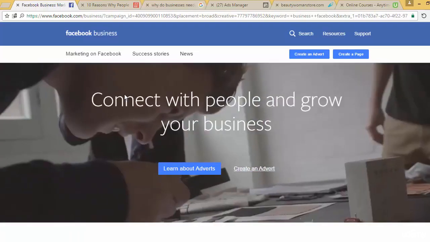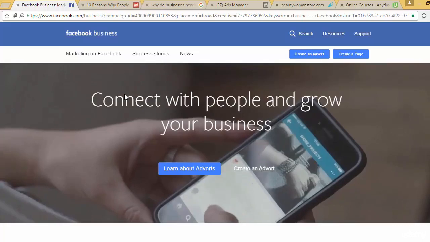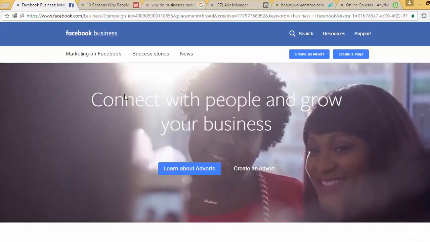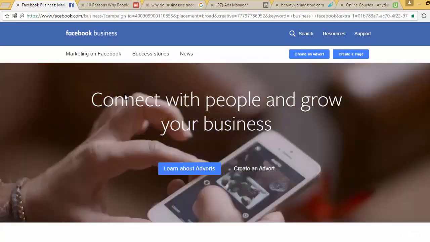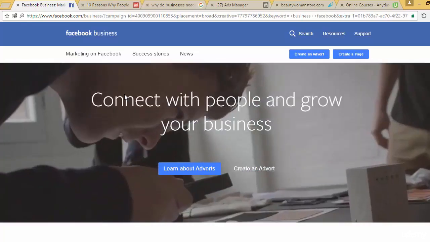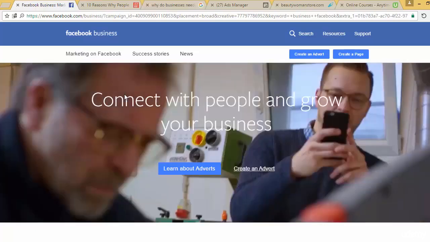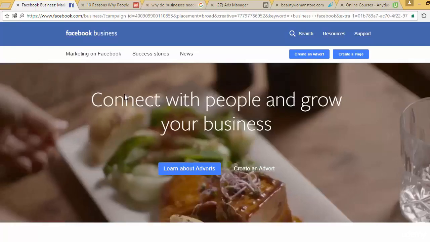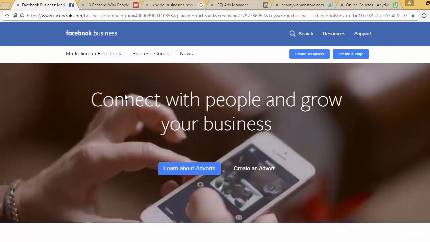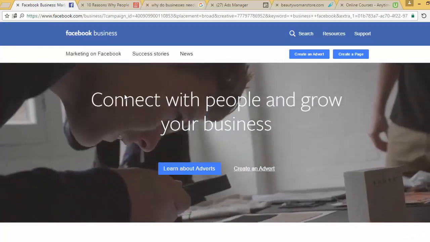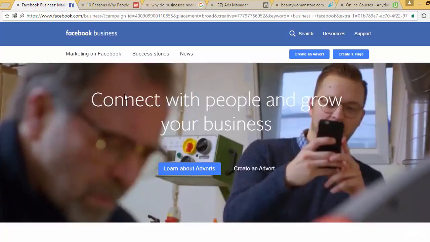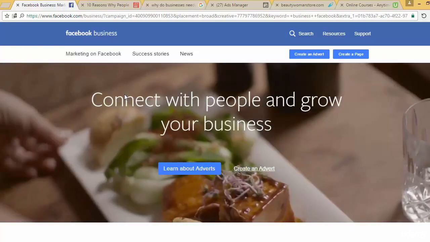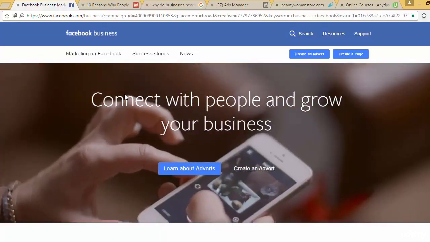So to solve this problem, I'm going to show you a four-step Facebook sales system, which is called FLNS. Again, to solve this problem and to become more successful with business through Facebook, I'm going to show you four steps with the Facebook sales system, which is called FLNS, which stands for fan, leads, nurturing, and sales.